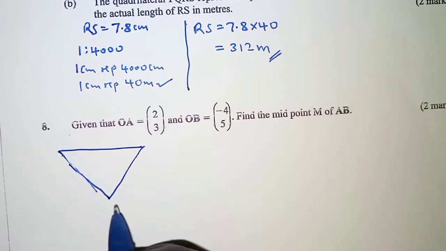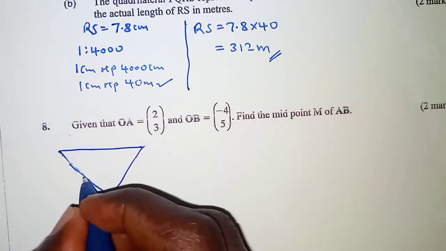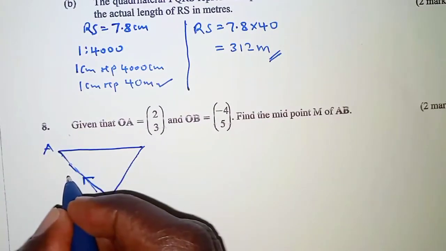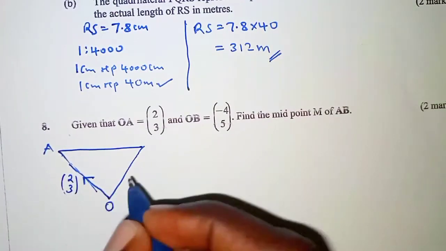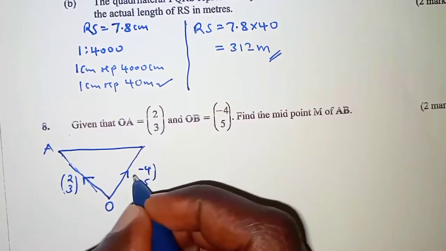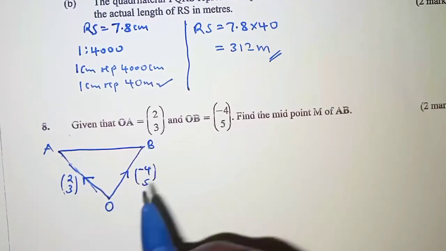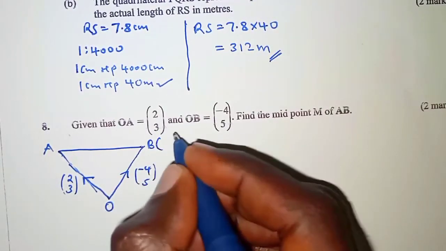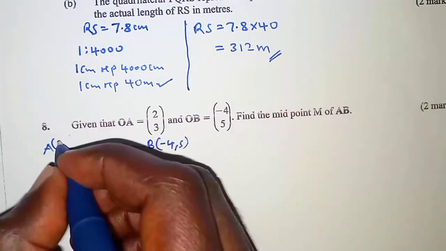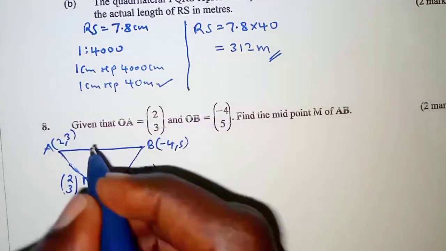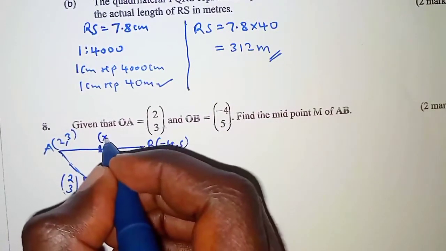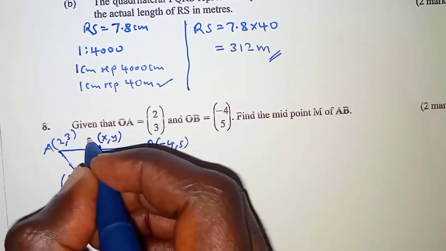So that if here is the origin, then OA is simply (2,3) and OB is (-4,5). So we have B right there. That also means that the coordinates for B is (-4,5) and for A is (2,3). So we need the coordinates of the midpoint. Let's call it (X, Y). So midpoint M.